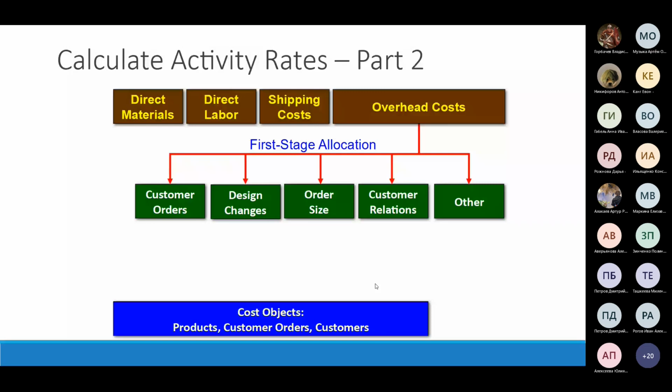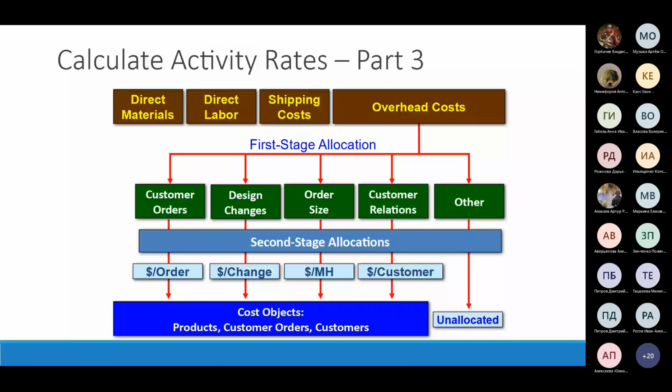The first stage allocation is to assign cost pools. And then the second stage allocation is to define the activity measures. And only after that we have to apply the overhead to a specified product. So this is how the system is working.